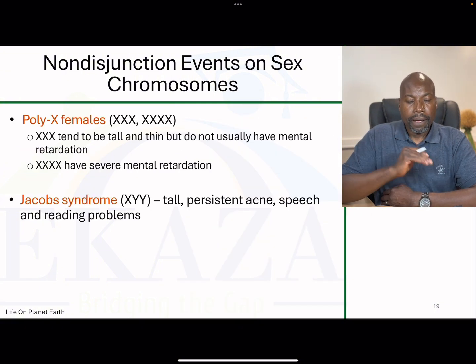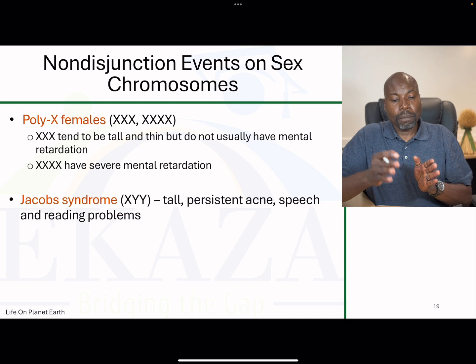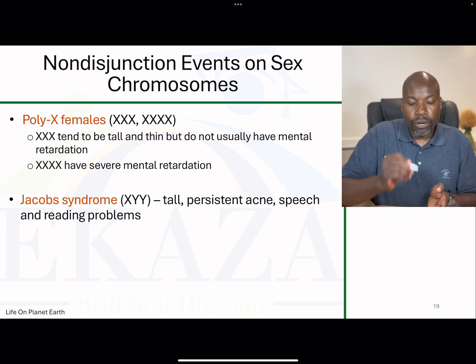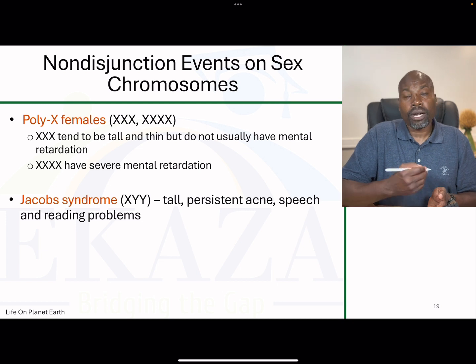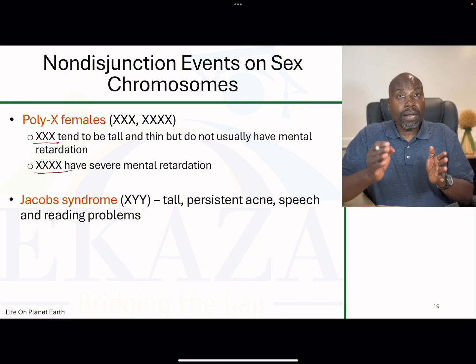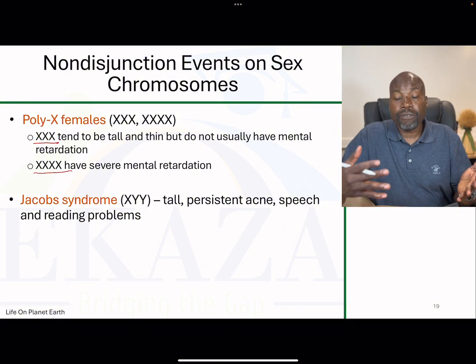All right. How about poly-X? Poly-X individuals occur in two kinds. We have poly-X with triple X and poly-X with four X's. The triple X individuals are definitely females.